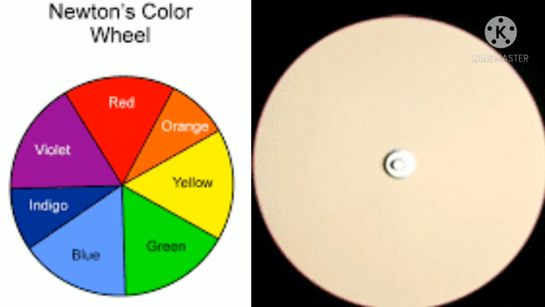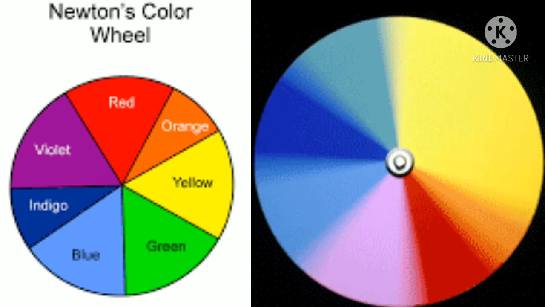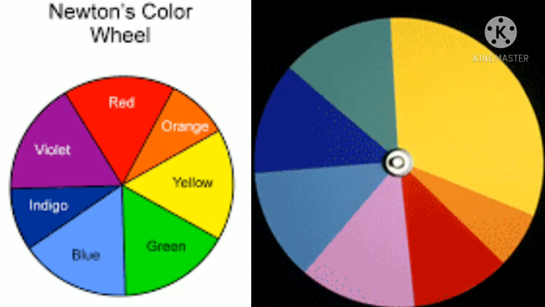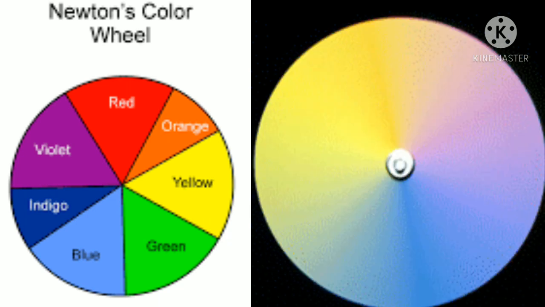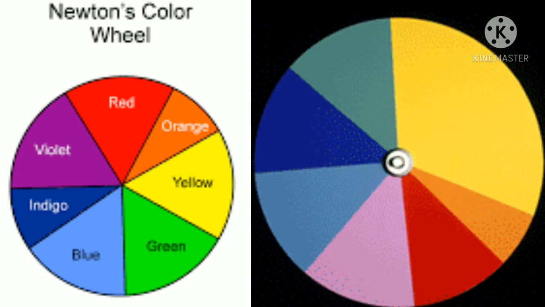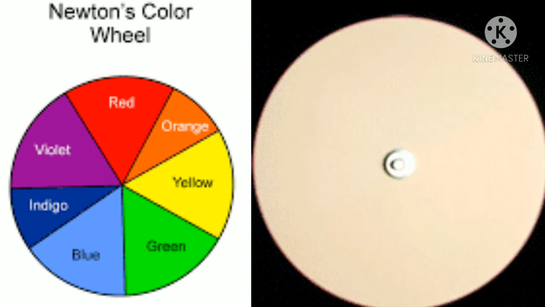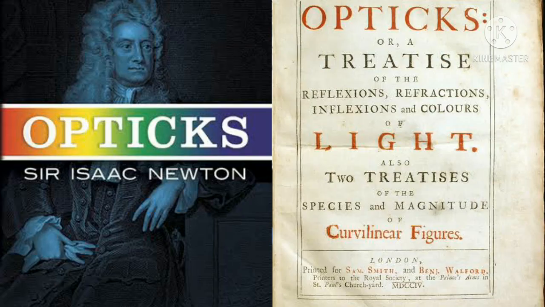This disc was fit on a stand and rotated fast. As the disc rotated fast, the 7 colors disappeared and only white color was seen. So this proves that sunlight, which we see as white color, is made from 7 colors. That is why this disc is called the Newton disc. Newton wrote a book about light called Optics.